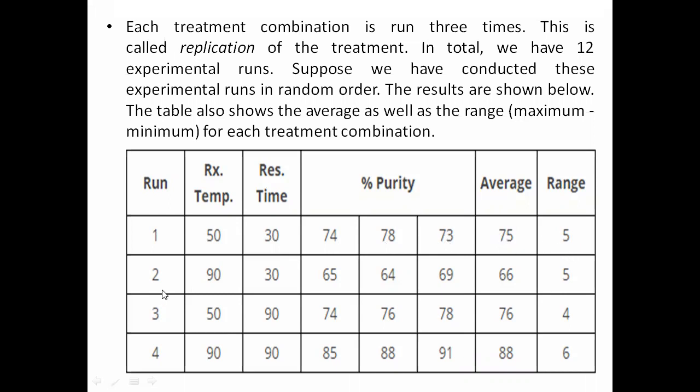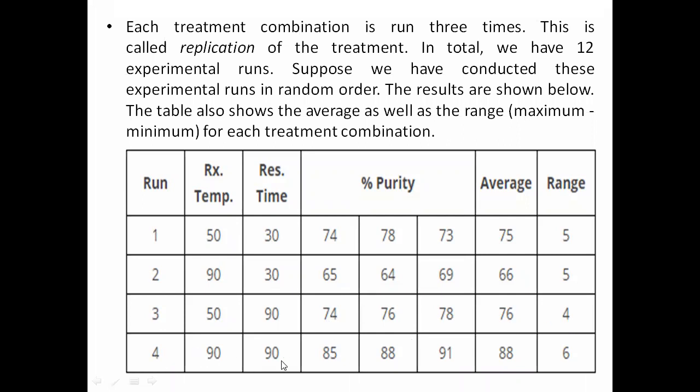Likewise, in the second trial, we increased the temperature and the time remained constant. Again 3 runs, the average was 66, range 5. Here also the temperature is 50 degrees, time increased to 90 minutes. 3 runs, 76 average, range 4.